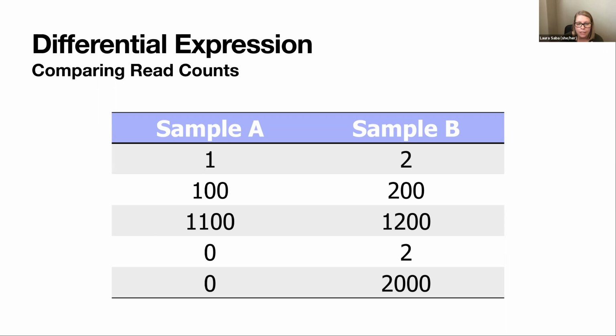So if we look at a row as a gene, in this first row, it looks like sample B has twice as many reads as sample A. And in the second row, sample B has twice as many reads as sample A. But instinctually, we know that the second gene is much more likely to be differentially expressed than the one that goes simply from 1 to 2. So we're much more confident in this difference than we are in this difference.